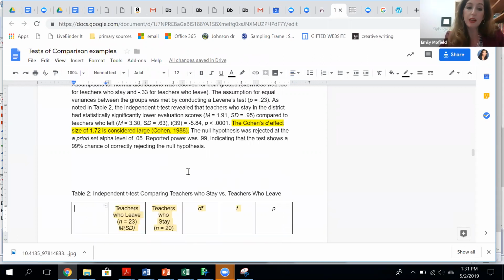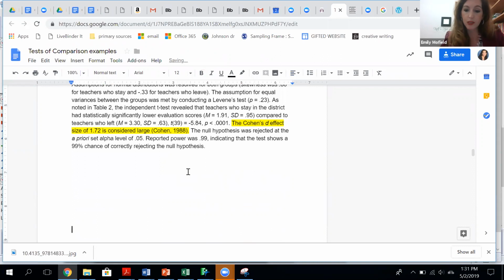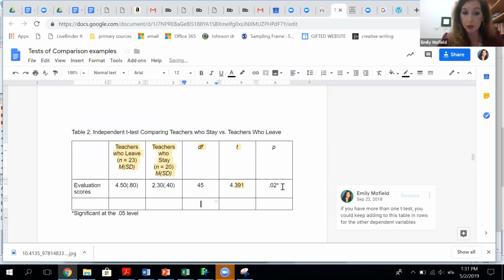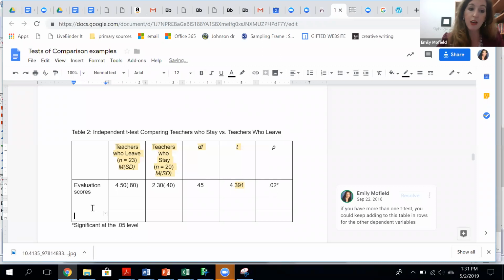Now, again with tables, let's just talk briefly about tables. Would you need to have this if you're just running one independent t-test? No. However, let's say you were looking at other dependent variables, several different things, not only evaluation scores, but also, I don't know what else, the days absent the teachers had, or how many years of experience.